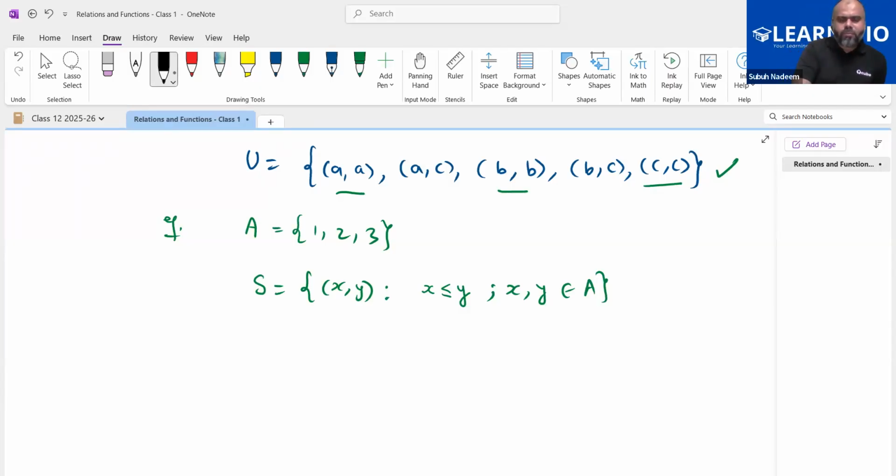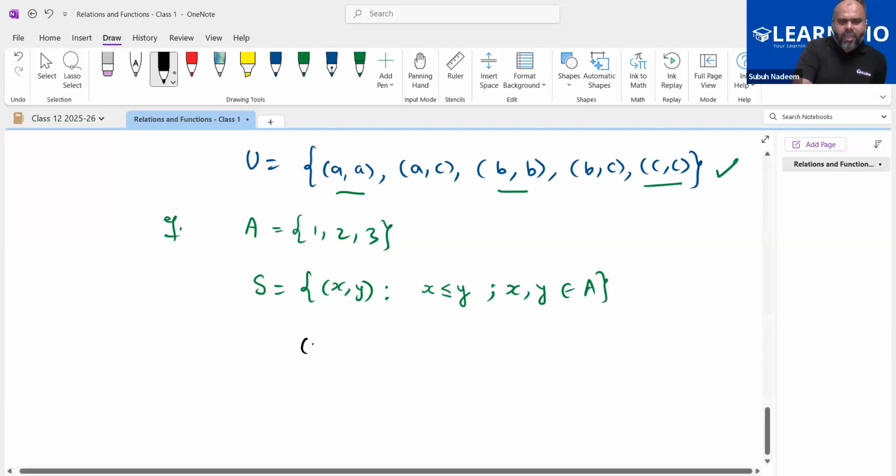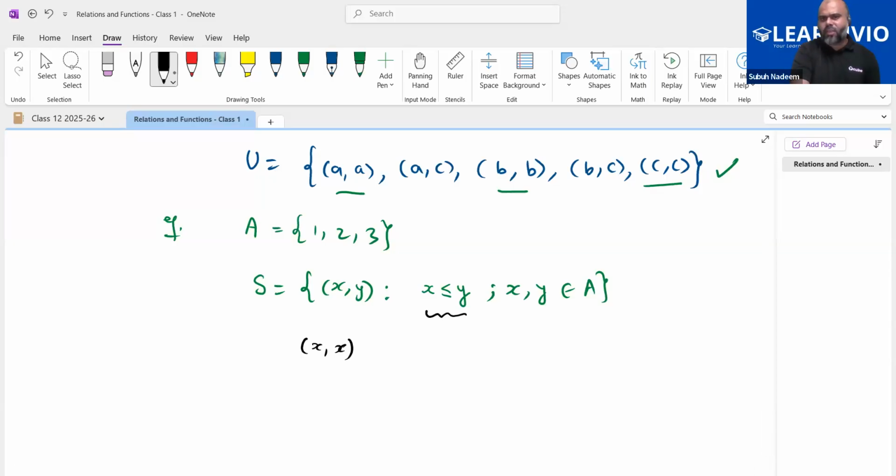You just see that if we take (x, x), like (1, 1), (2, 2), (3, 3), does it satisfy x less than equal to y? If we take (x, x), x is also x, y is also x. So does it satisfy x less than equal to x? Can a number be less than equal to itself?